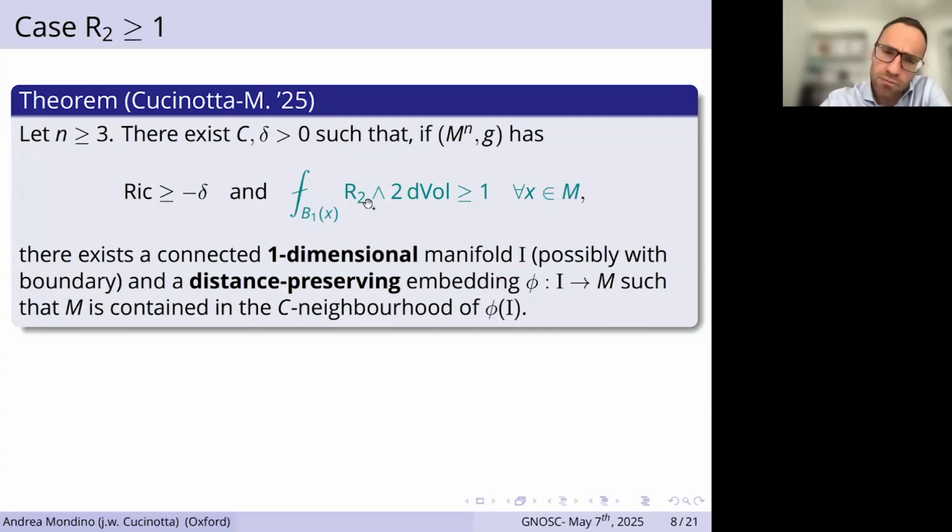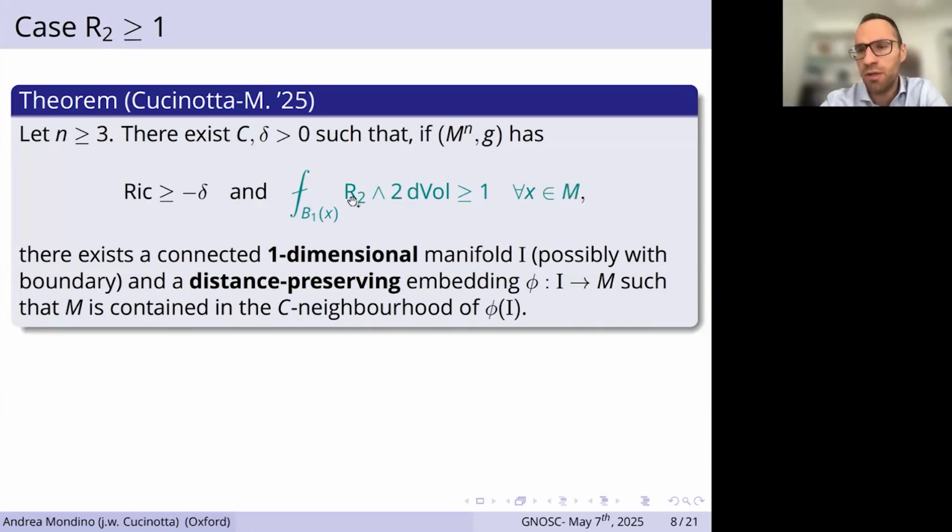So let me read it. We take the sum of the smallest eigenvalues of the Ricci, and we take the minimum with 2. So basically we are truncating: if this is very positive, we just truncate at 2. We take the average on the balls of radius 1, and then we want this to be bigger than 1 for every x.